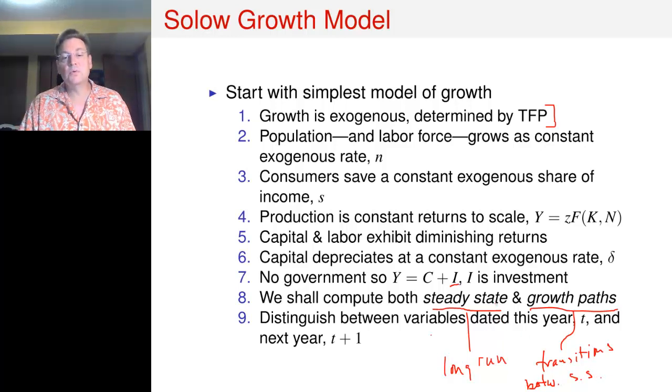Okay, and we're going to then distinguish variables by the year that they exist. And we'll have variables at time t, and we'll have variables at time t plus 1.